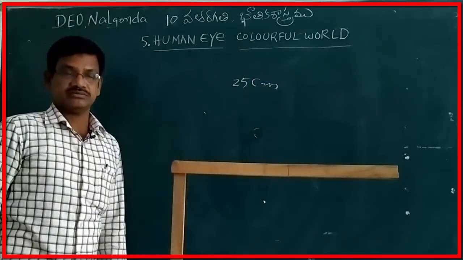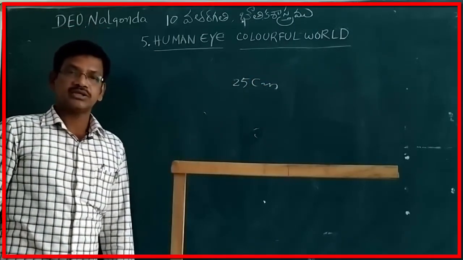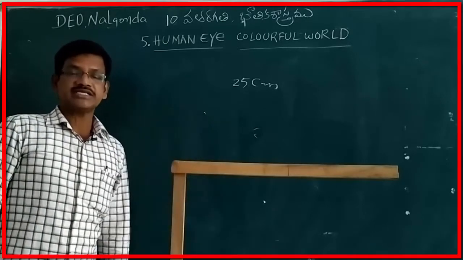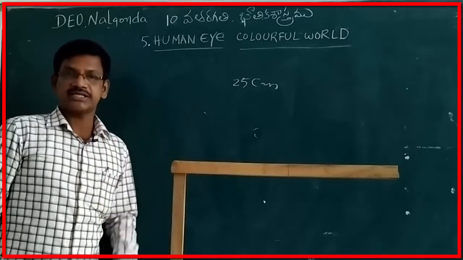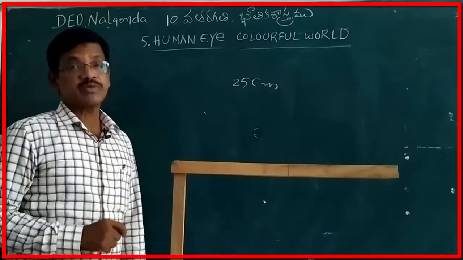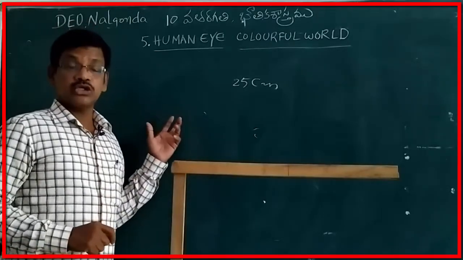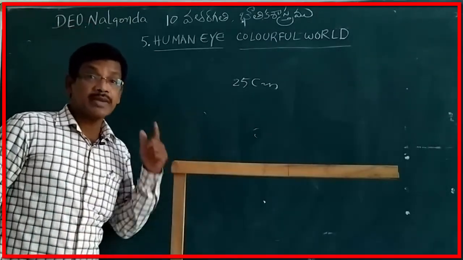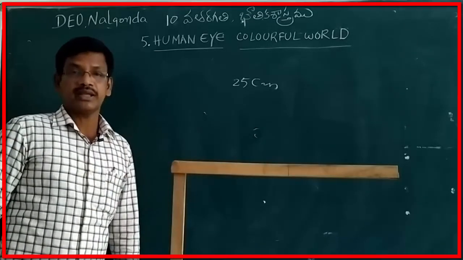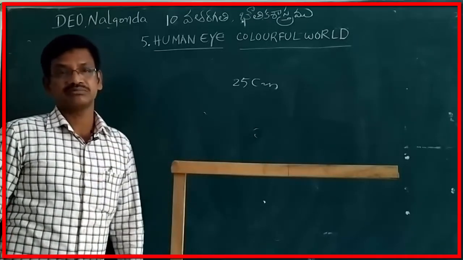25 centimeters. So we understand that 25 centimeters is the distance at which an object must be placed in front of our eyes so as to see the image of the object comfortably and distinctly.